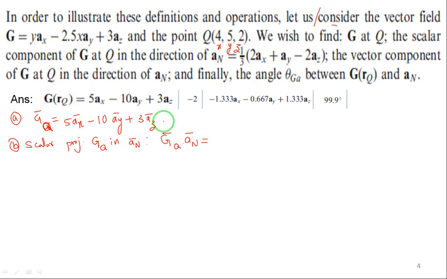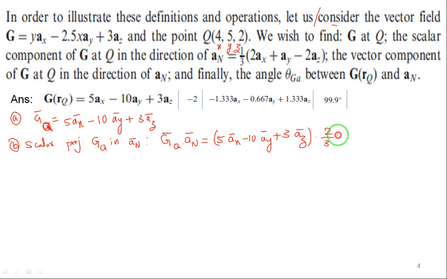Solve it. G vector at point q we calculated in part A earlier, so write down the same thing: 5 ax minus 10 ay plus 3 az. This is G vector at point q, dot an vector, the unit normal vector, which they have given in the problem: 1 by 3 into (2 ax plus ay minus 2 az).